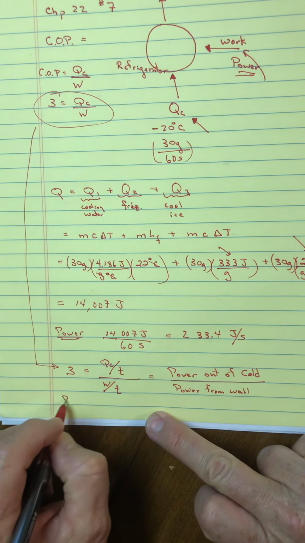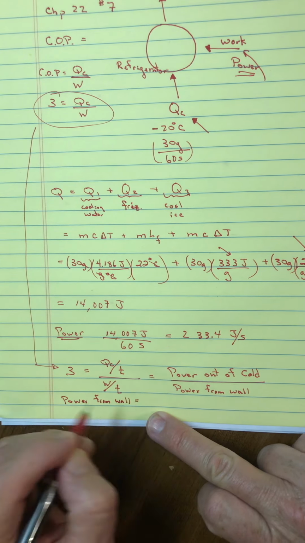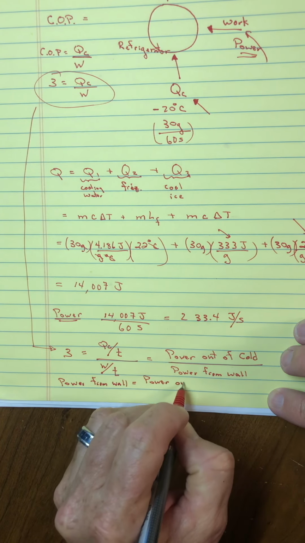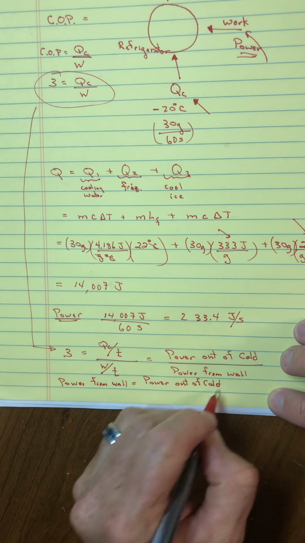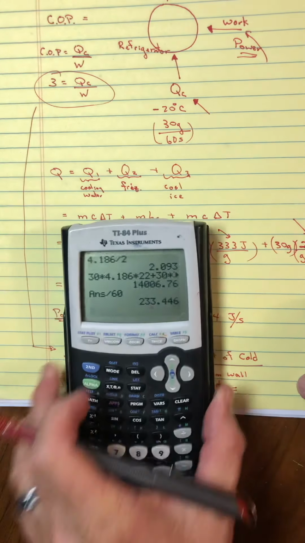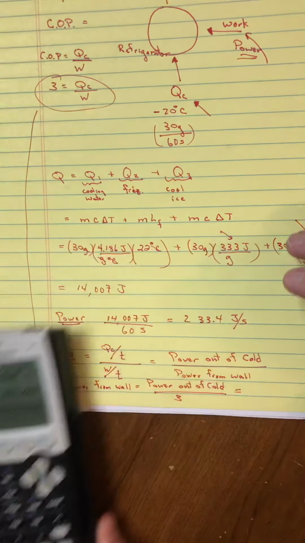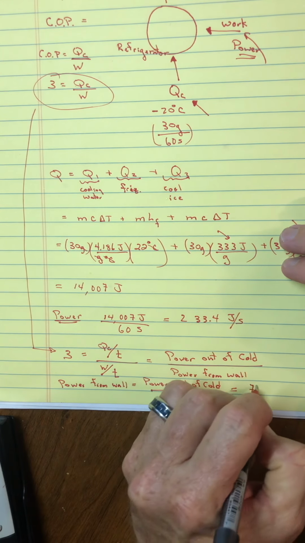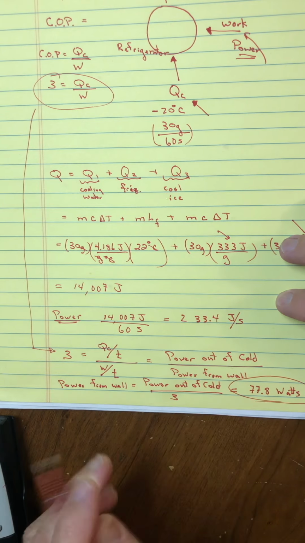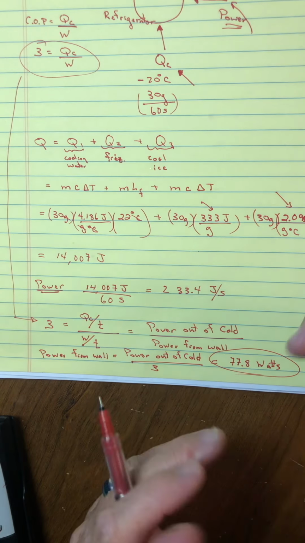And so that's what they're after here. So power from the wall would actually be this power coming out of the cold environment divided by a factor of 3. That's the whole coefficient of performance. So the energy coming out is 233 joules. If we divide that by 3, we're looking at 77.8 watts. So the electric motor itself is only consuming 77.8 watts.